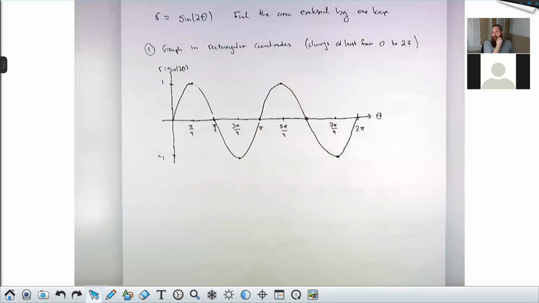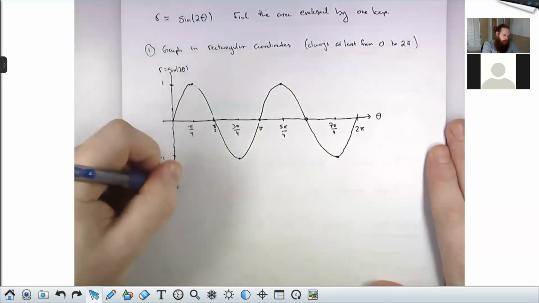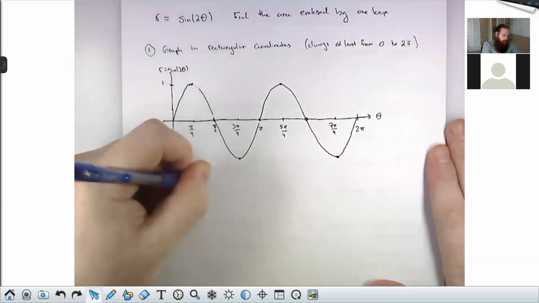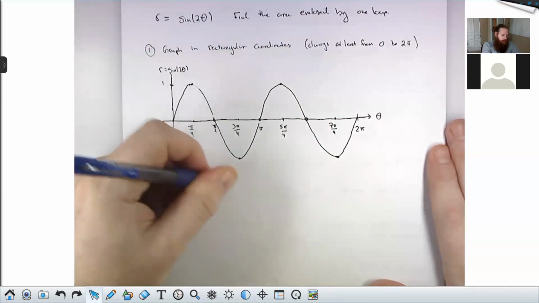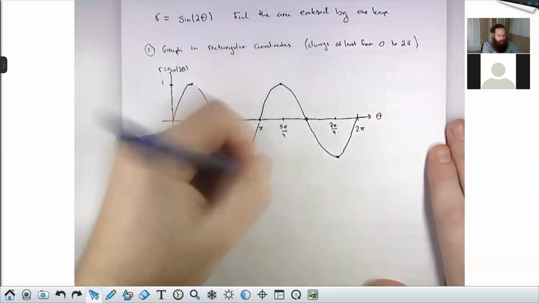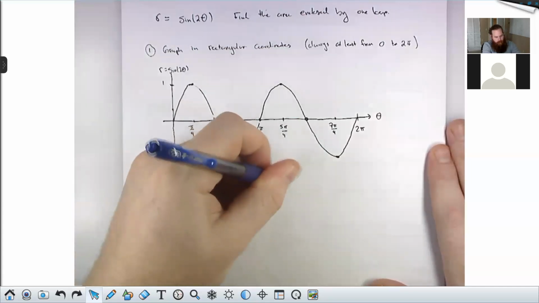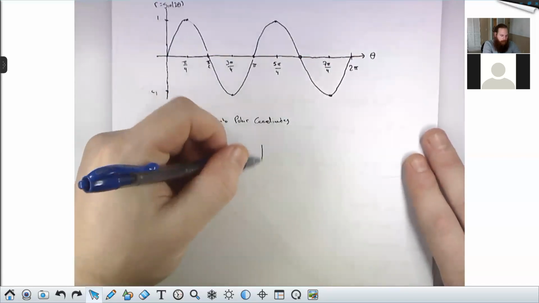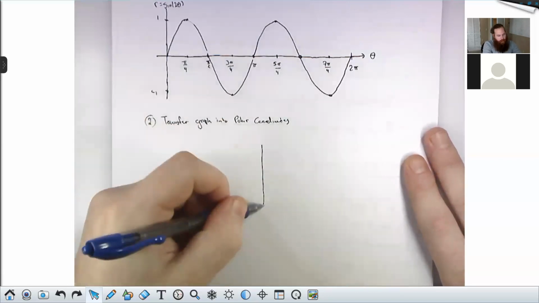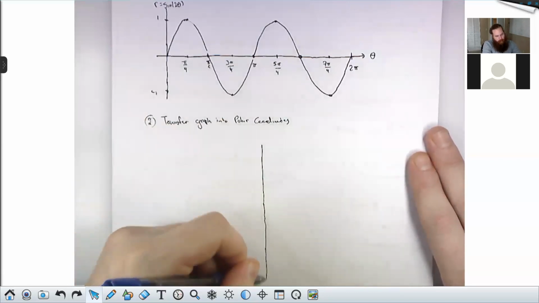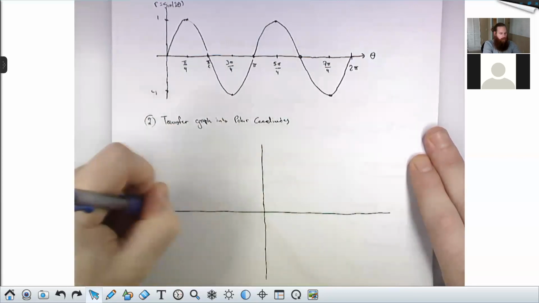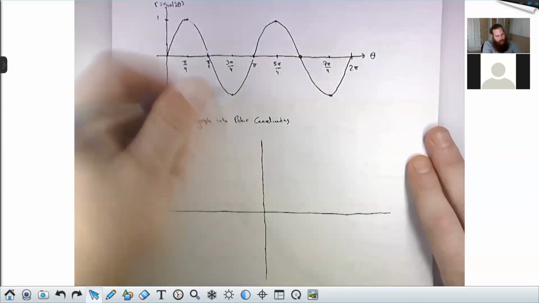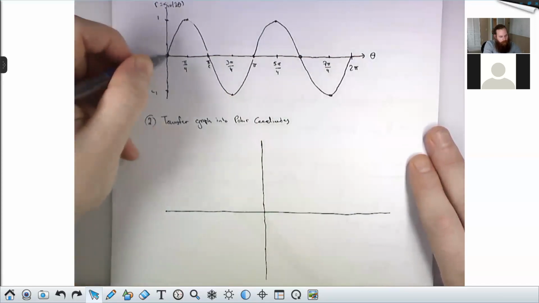All right. And now what I do is I take this graph and bit by bit transfer it into polar coordinates. And I like to think about that arm spinning around and the dude moving in and out on the arm, drawing the graph. I know we start with r equal to 0 down here.